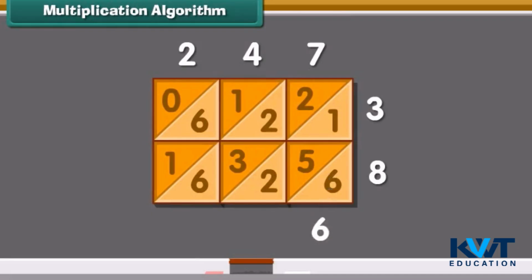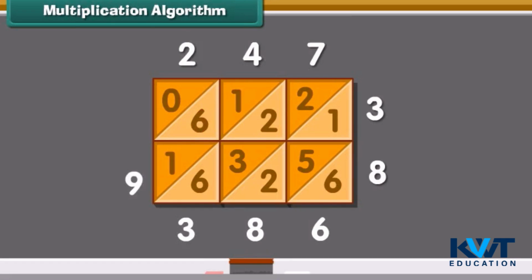Write 6 as it is. 2 plus 5 plus 1 is 8. 6 plus 3 plus 2 plus 2 is 13. We get a 2-digit answer, so we just write 3 below and carry 1 in the next strip. 1 plus 6 plus 1 is 8.